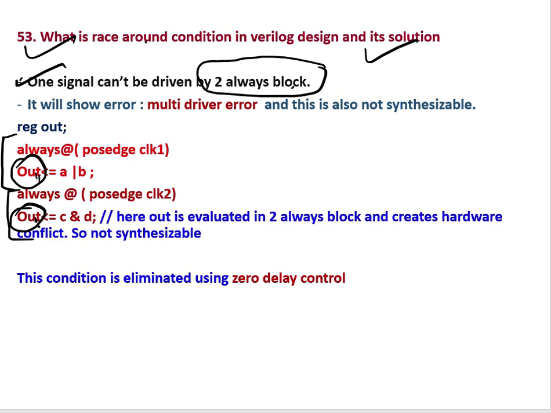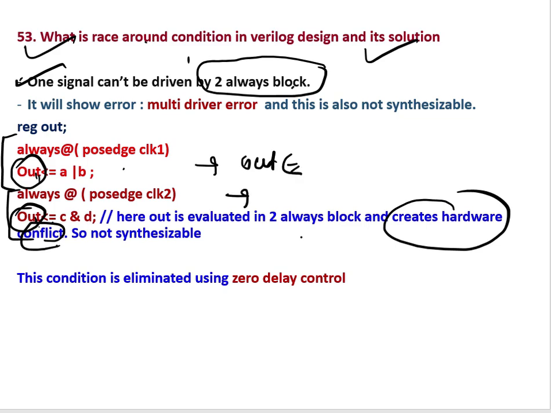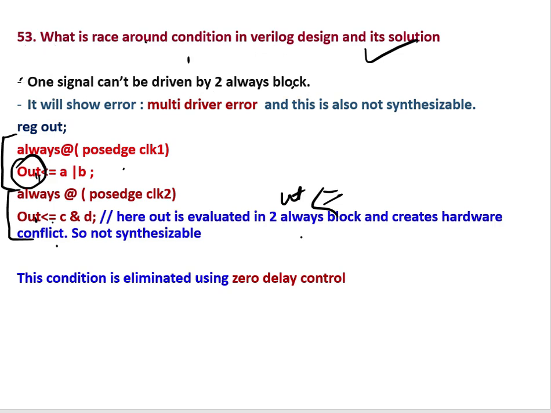So in this condition, out is evaluated in two always blocks and creates a hardware conflict, and this is called race around condition, because whether this output will be considered or that output will be considered is not decided by the simulator or your synthesizer. This condition is called race around condition in Verilog.